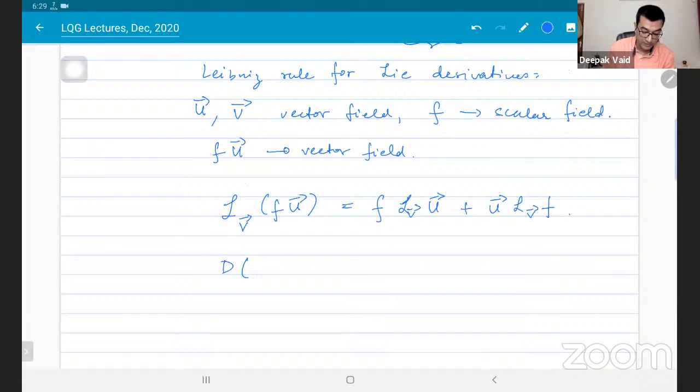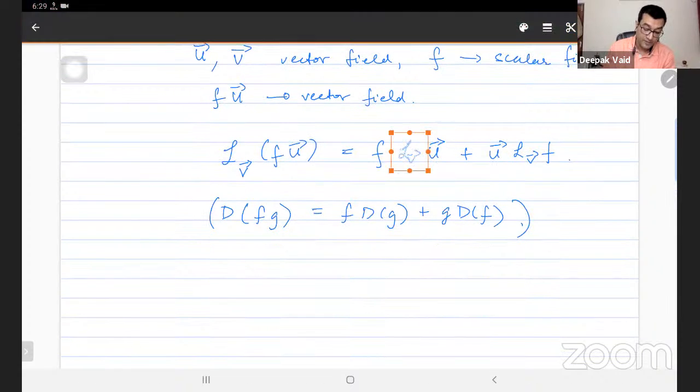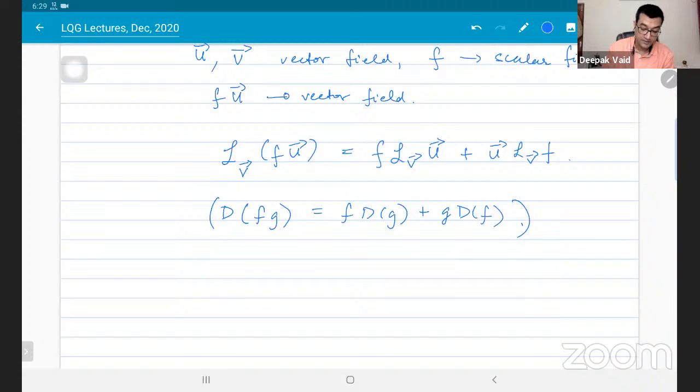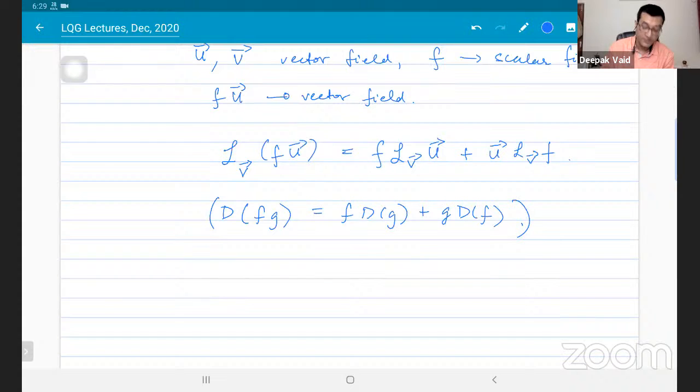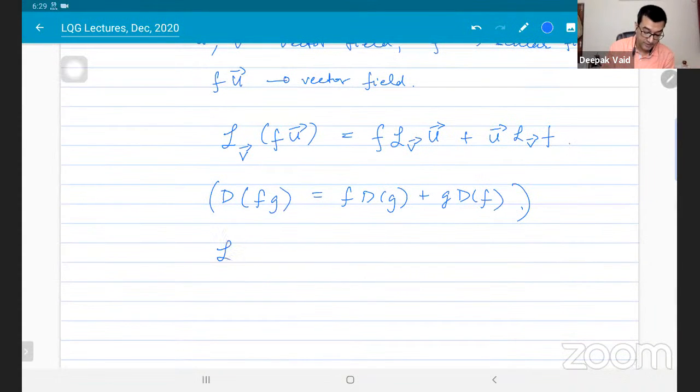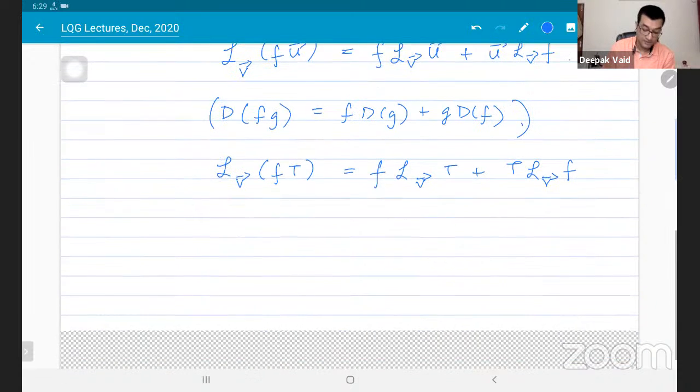If you have the derivative operator acting on the product of something, the Leibniz rule is written like this. It has the same form, and this works for any arbitrary tensor, not just any vector field U. So if you have some arbitrary tensor t, then the Lie derivative of f t becomes f times the Lie derivative of t plus t times the derivative of f along V, where f is some scalar.